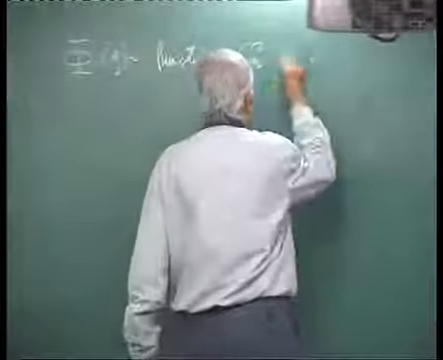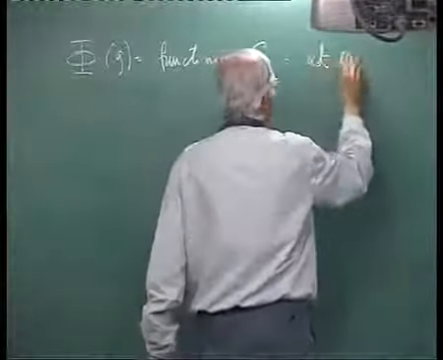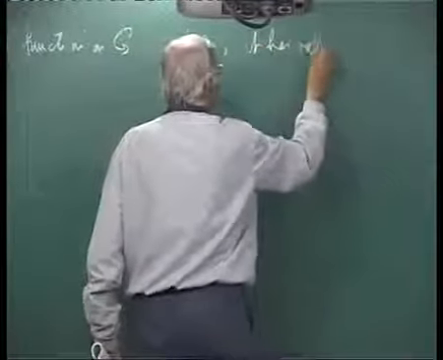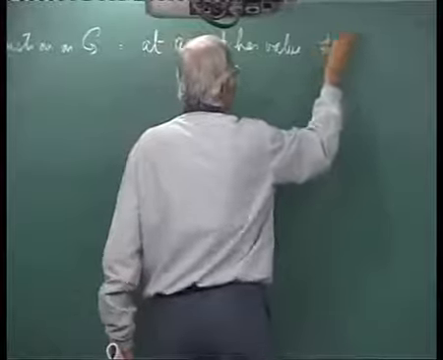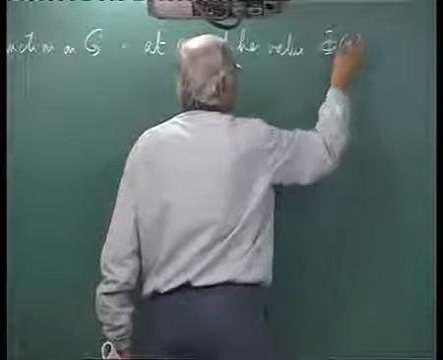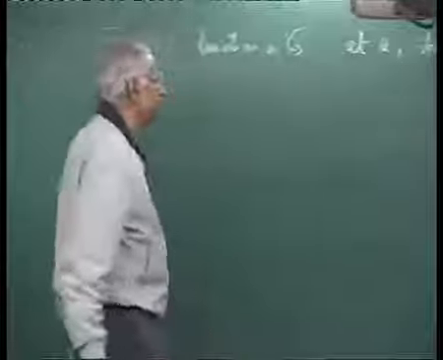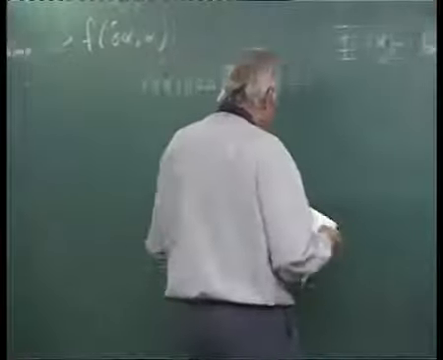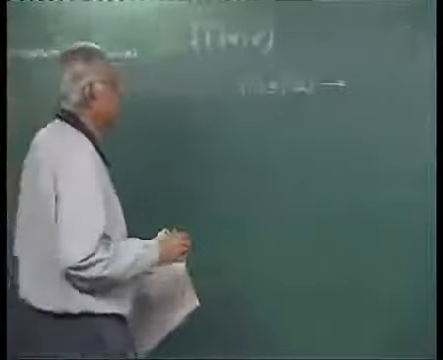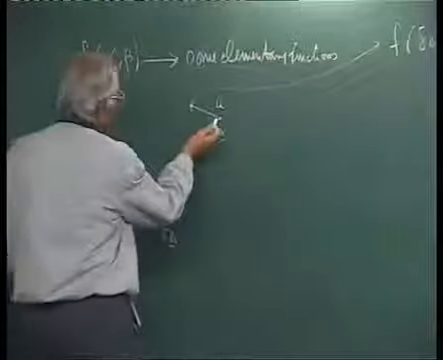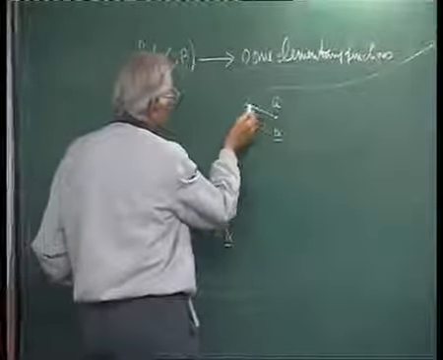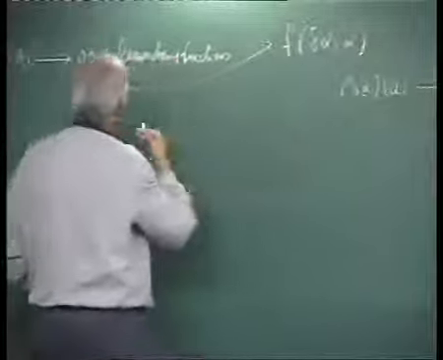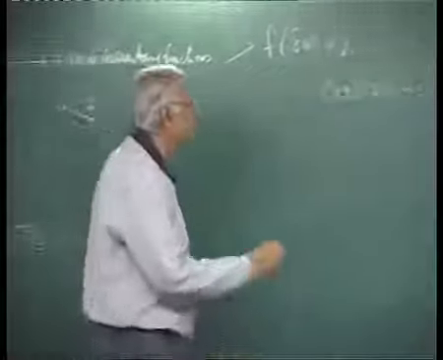At A, it has the value phi of alpha. This is abuse of notation, but I'll just write it that way. By how much does phi change its value when I make this small shift on the left? This is called an infinitesimal left translation. By how much does the function phi change?